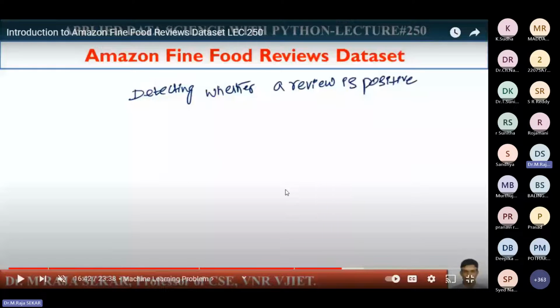For simplicity, let me say I am training k nearest neighborhood algorithm. After training the model, after building the model, now if I give a new review, it must say whether the review is a positive review or negative review.